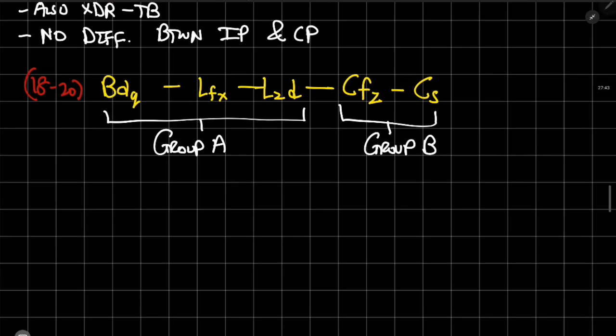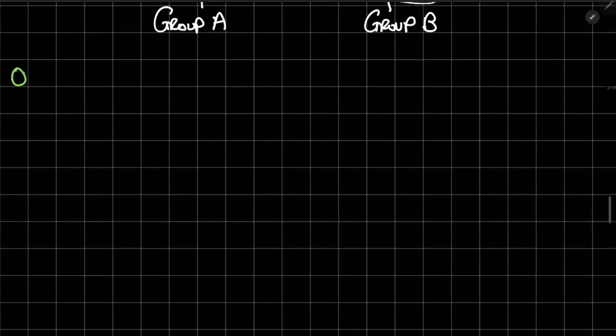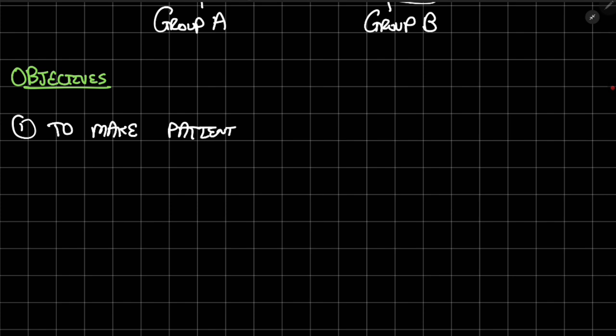Now coming to the objectives, one-line objectives of treatment of tuberculosis. The first objective is to make the patient non-infectious as soon as possible.